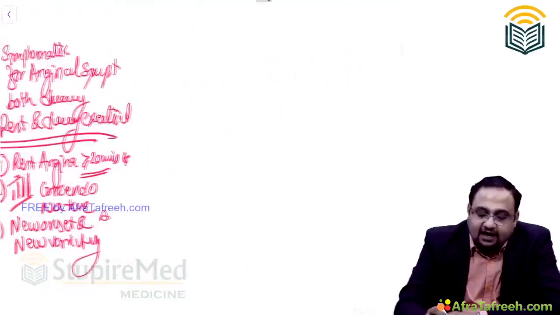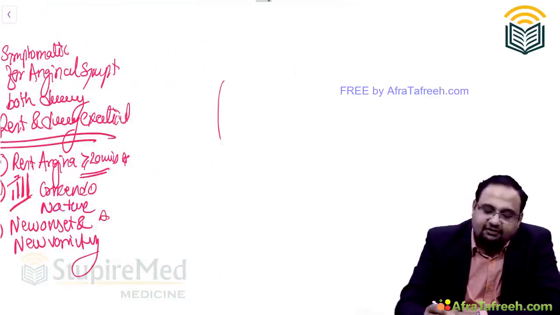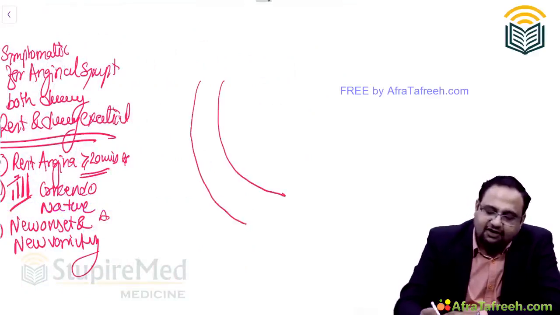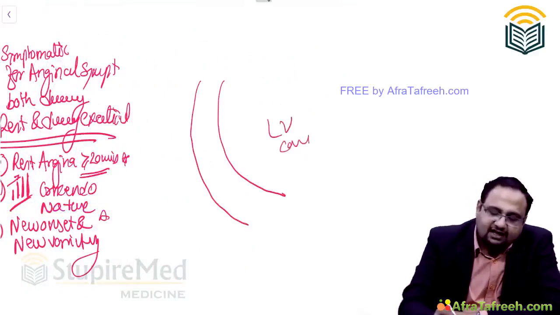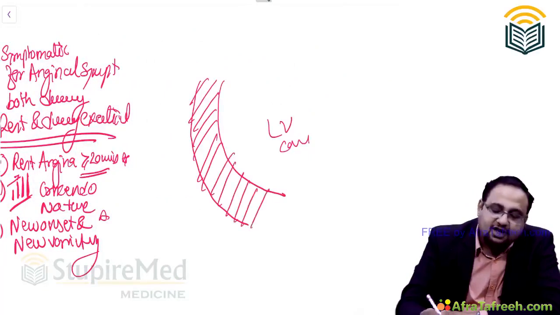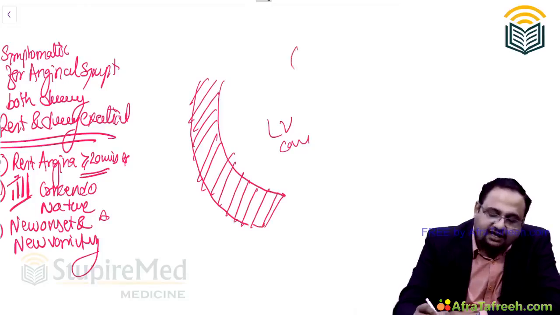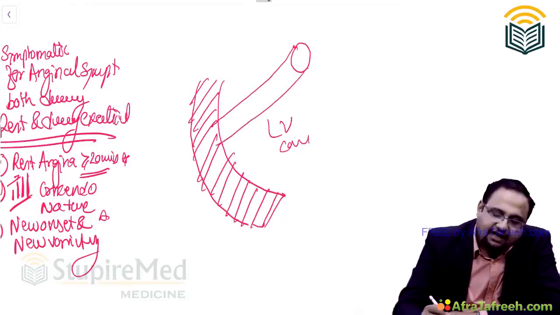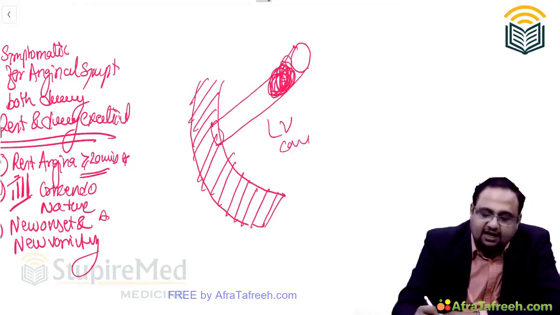Why will it show ST elevations? Because remember, if you have this as the left ventricle muscle mass, this is the left ventricle cavity and this is the left ventricle myocardium muscle, transmural. When a coronary artery supplying this muscle is completely blocked, there is no blood supply to this part. So what will happen?